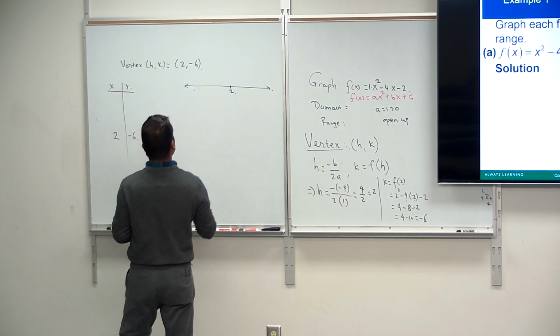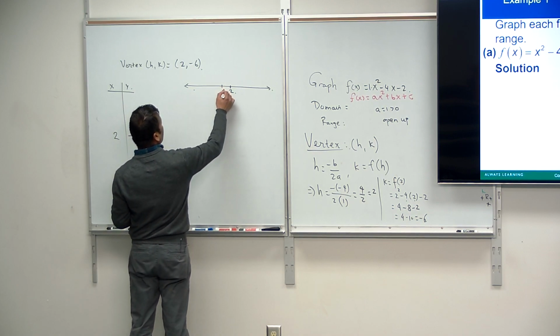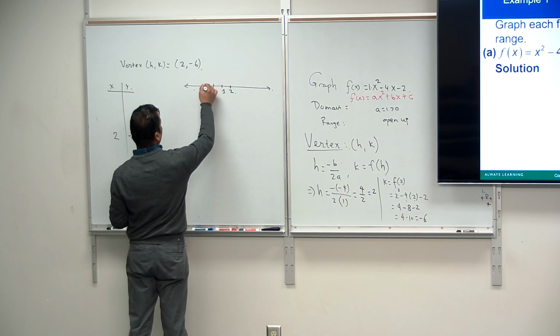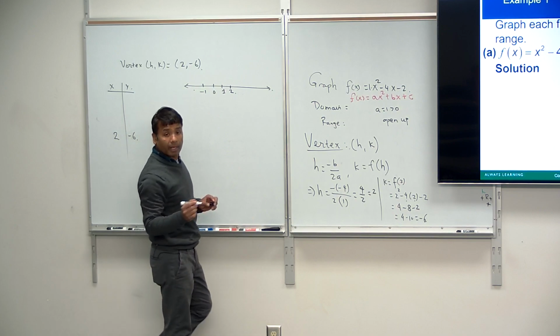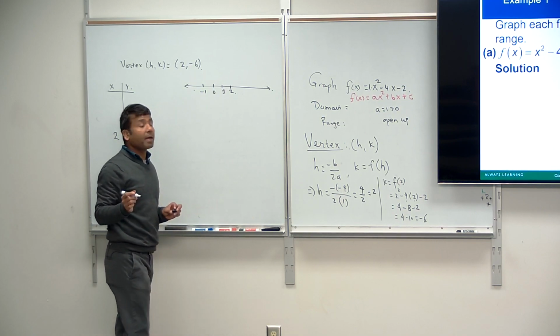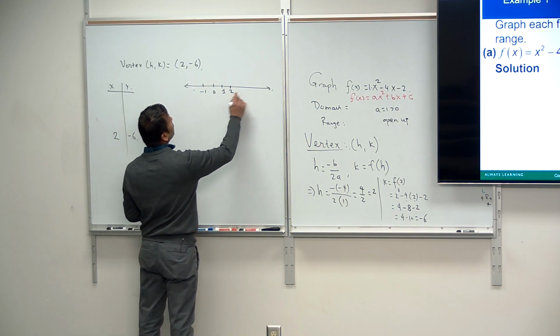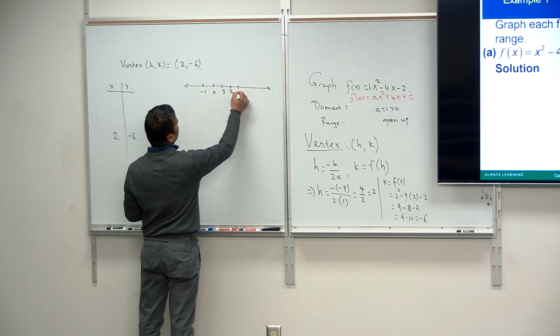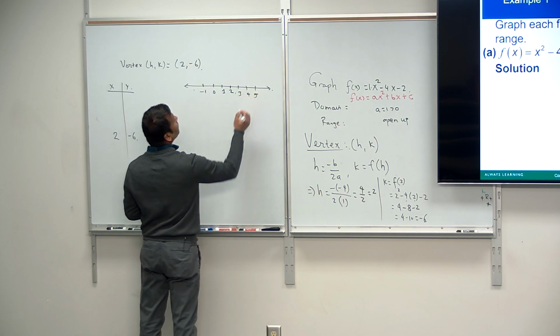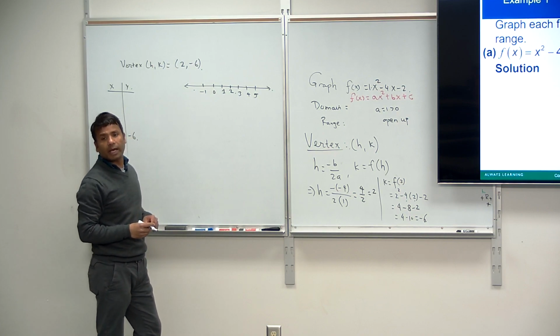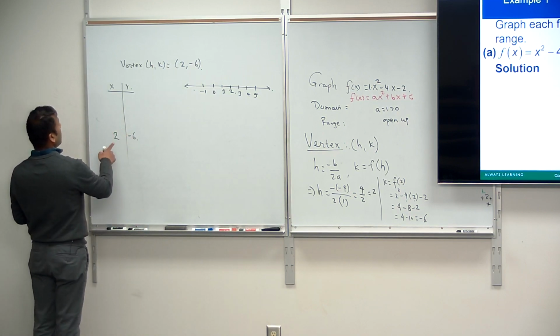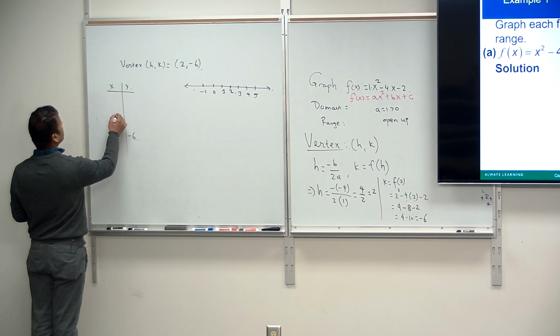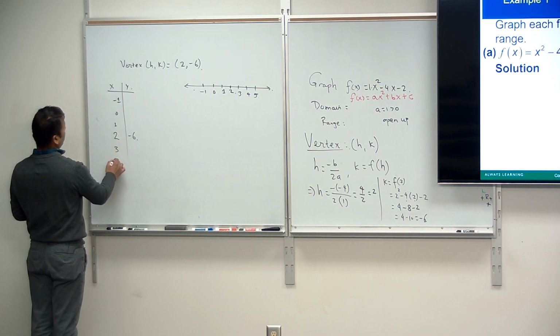So if this is 2, I want to pick 1 and 0, and if I want to pick negative 1, that's fine, right? And then another 2 values to the right. So 3, 4, 5. Did you see that? So the x values are 2, 1, 0, negative 1, or you can do 3, 4, 5.